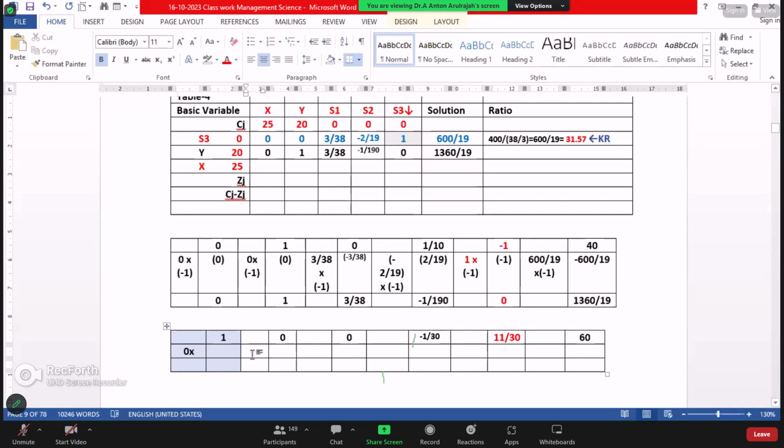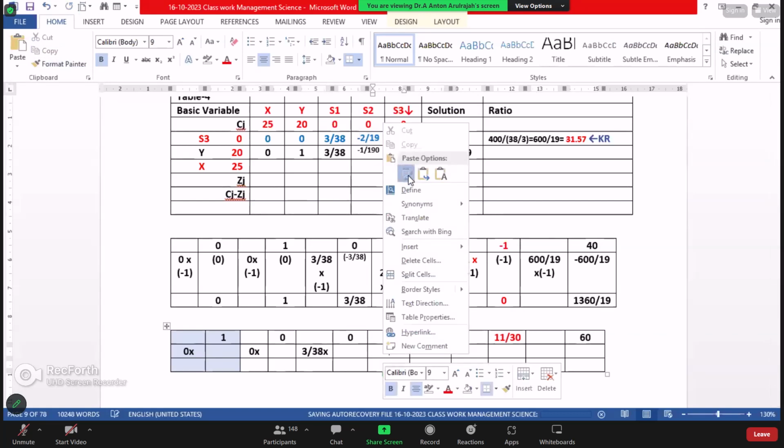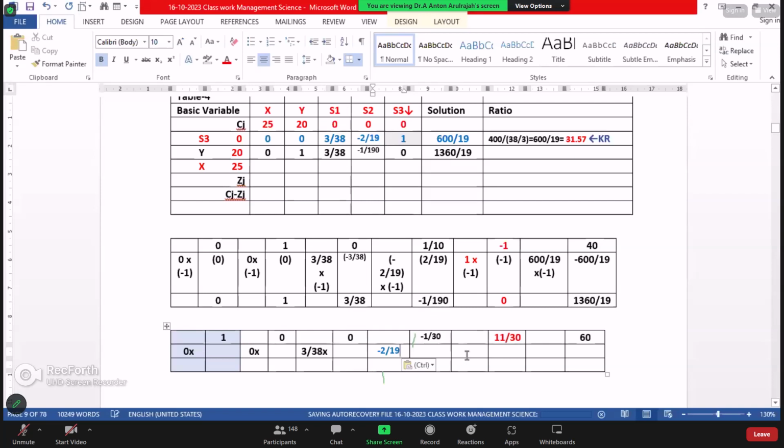Here also 0, multiply by 11 by 30. It has to multiply by the same value. Here minus, multiply by 3 by 15. And 1 is 1. Then 600 over 9.